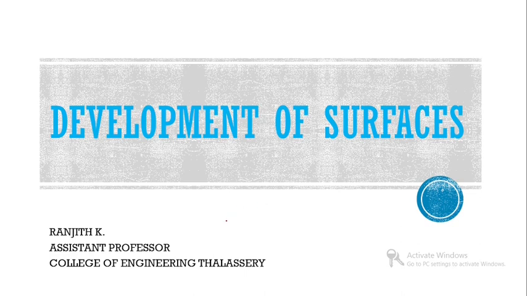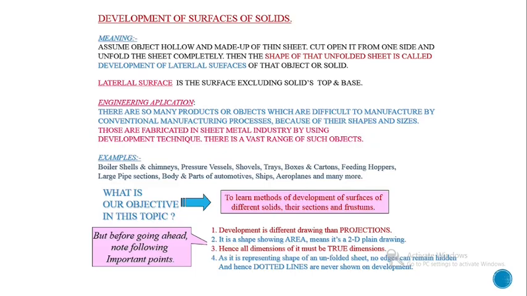Today we will look into development of surfaces. Actually, development of surfaces of solids is nothing but an object hollow and made up of thin sheet. That is the assumption.